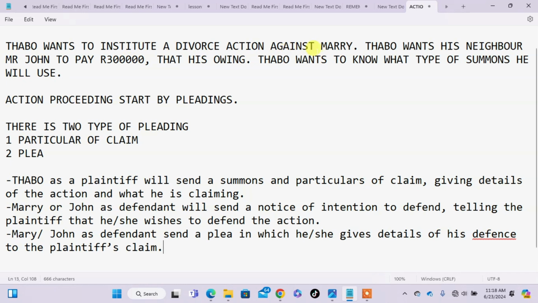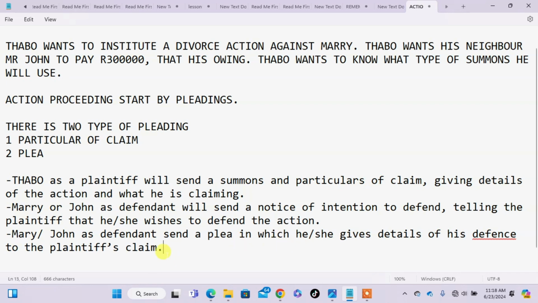Whereas in a divorce case, Mary will try to prove that the termination of the marriage was not on her side, or she is not happy about the way maintenance is being allocated, as claimed in Thabo's particular of a claim. Therefore, Mary and John in their plea will give details of their defense.